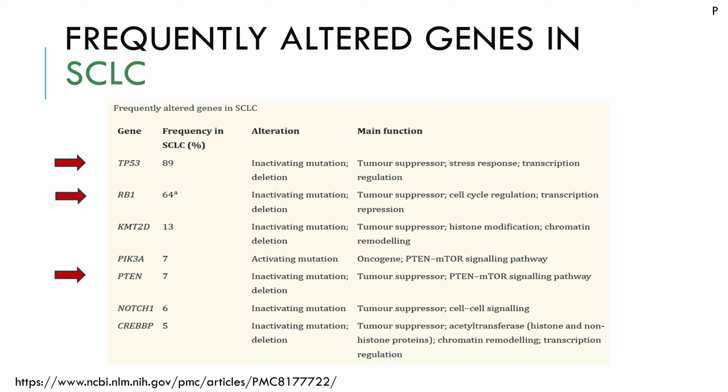These are very high numbers. So not only do oncogenes play a role and are frequently altered, but tumor suppressors play a role, and they are frequently altered. And this may provide, again, a new way of looking at ways to regulate tumor growth.